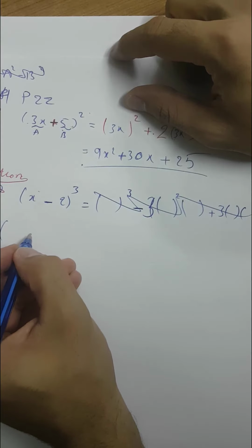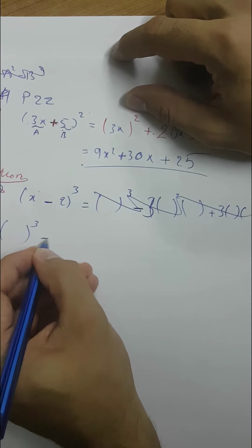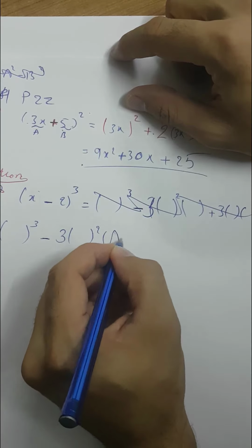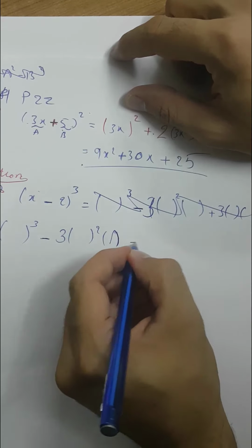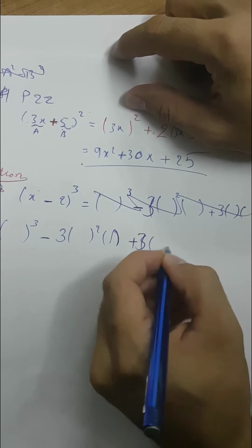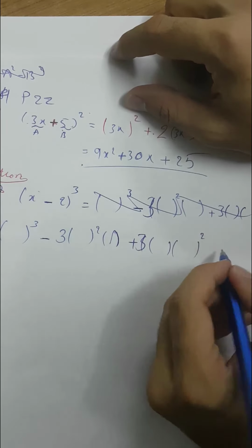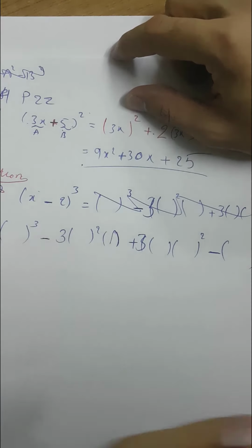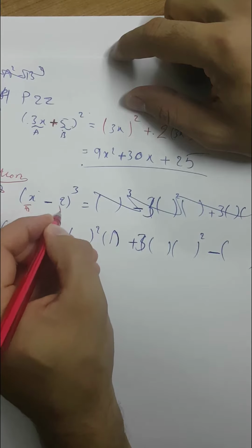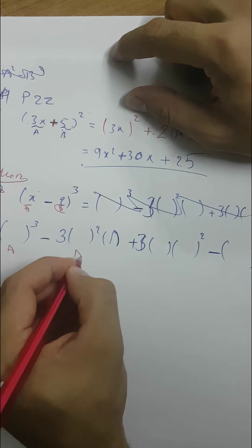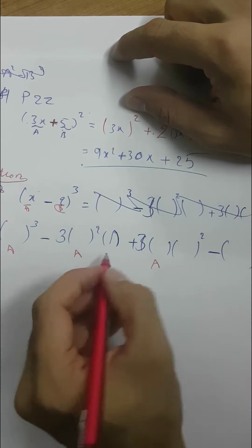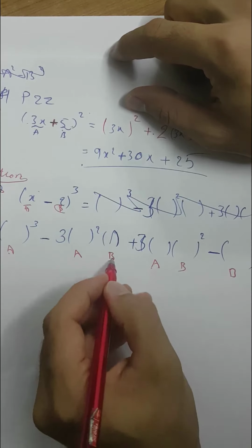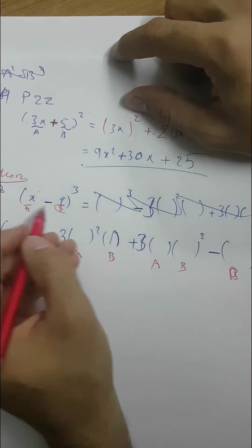It is equal to first cube minus 3 first square second plus 3 first second square minus the second cube. So I have a and b. So I say a, and now time for b, 3a, 1, 2, 3, 3b, 1, 2, 3, because I have a cube.